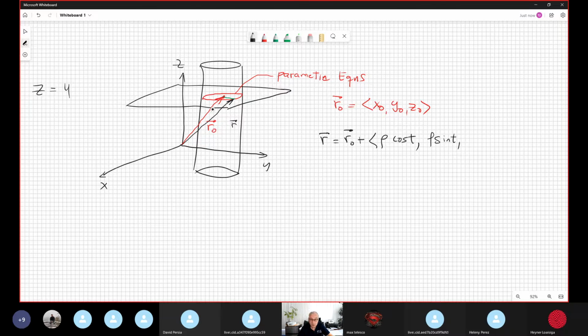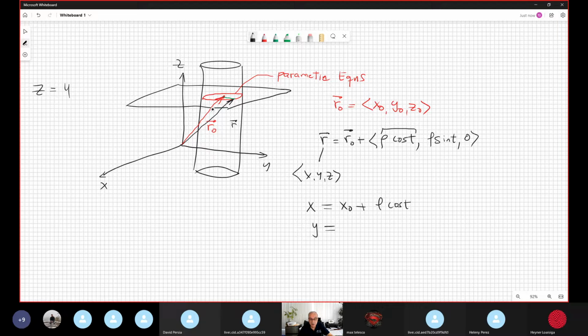rho sine t, 0, because we are in this plane. In this plane we have nothing, and so the component C is this. So you separate in two components; remember, who was R? R is X, comma Y, comma Z. Entonces, X is equal a X0, que es this, plus rho cosine t, que es this component.